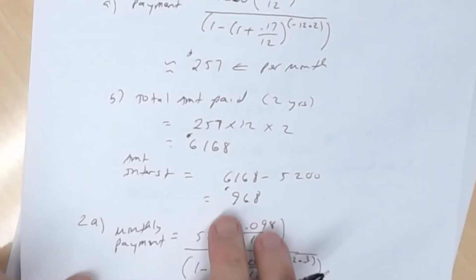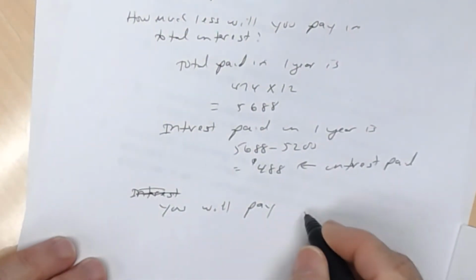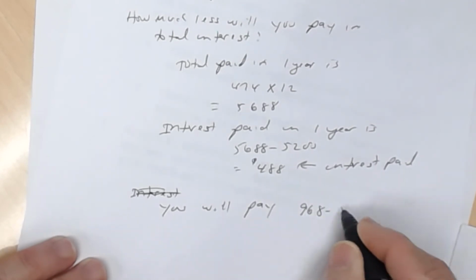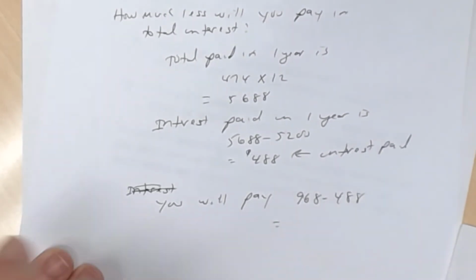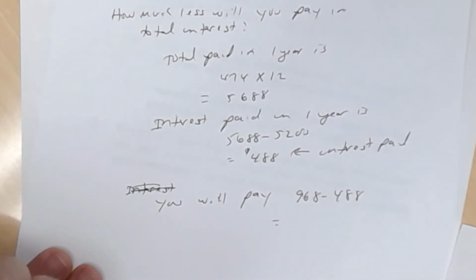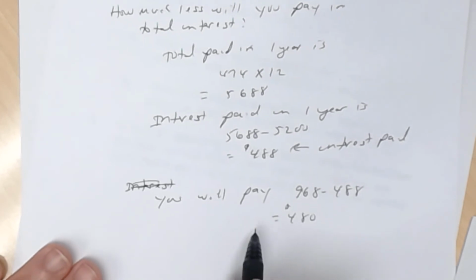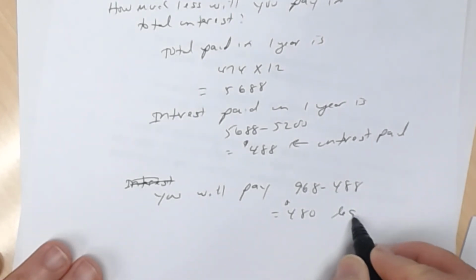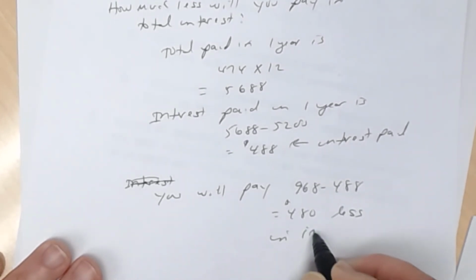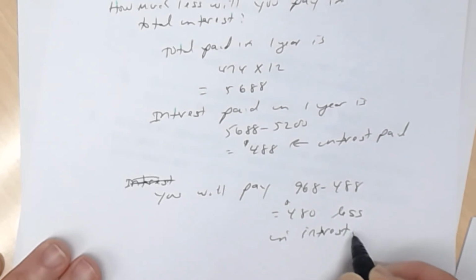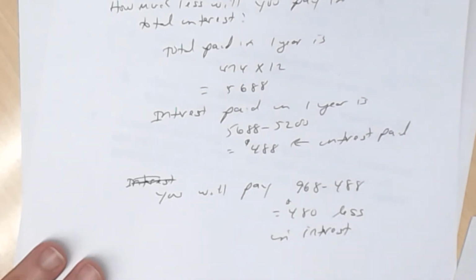We're going to take this amount and subtract that amount, and that's going to give me $480. All right, so you will pay $480 less in interest. Okay, so that's how much less you'll pay. You will pay $480 less in interest.